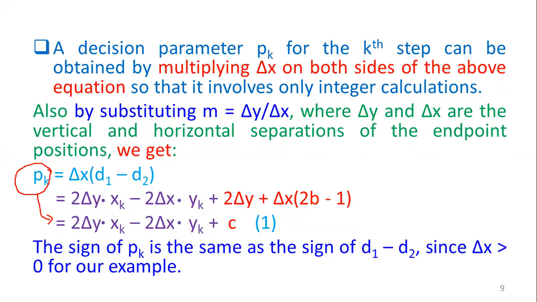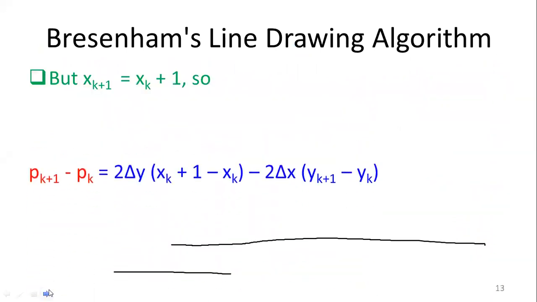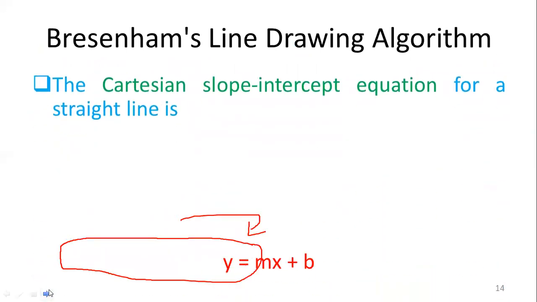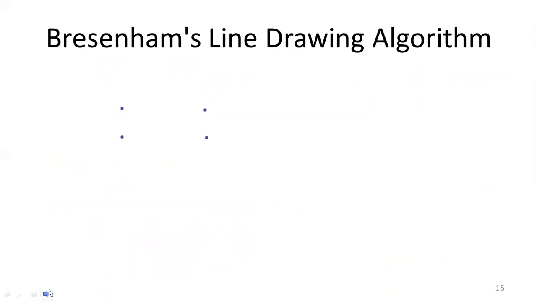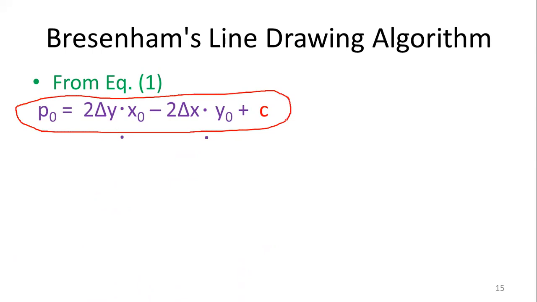So p0 will be equal to 2 delta y into x0 minus 2 delta x into y0 plus c.